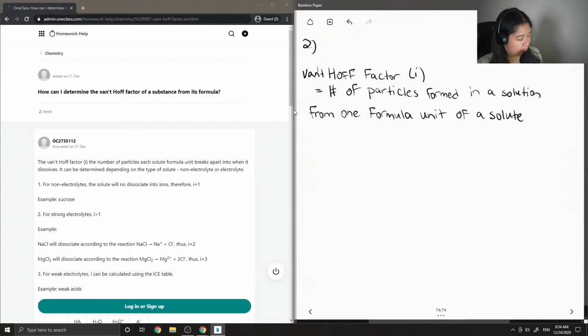Depending on whether you have a non-electrolyte or a strong electrolyte, this will affect the Van 't Hoff factor.